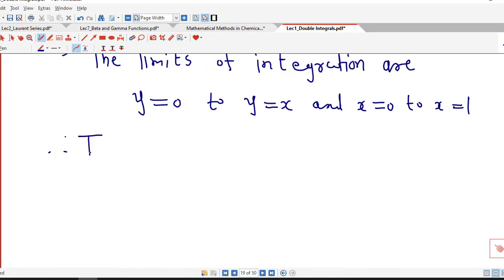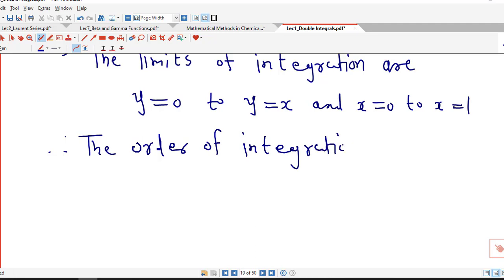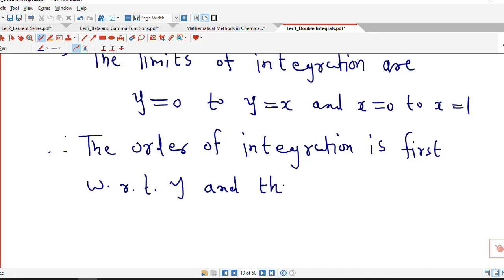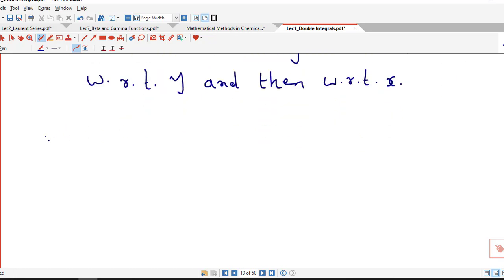Therefore, because we are considering a vertical line, the order of integration is first with respect to y and then with respect to x. So now we find the value of the given double integral.